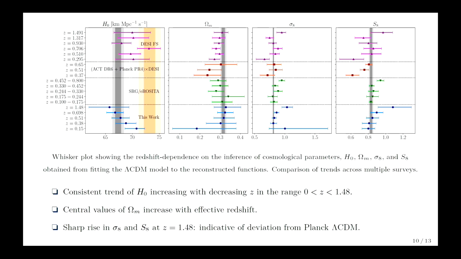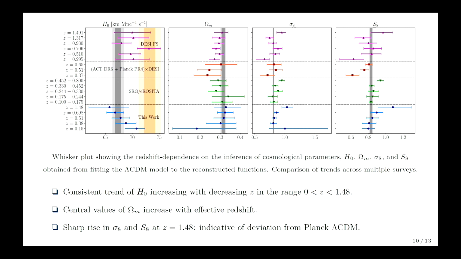For the DR6 cross-correlated with DESI, we find that there is always an effective increase in these values, and this is more prominent in the parameter S8. For the SRG eRho-zeta, the trends are similar, but this happens at a different kind of redshift region.